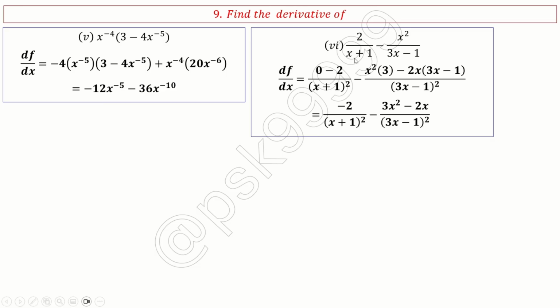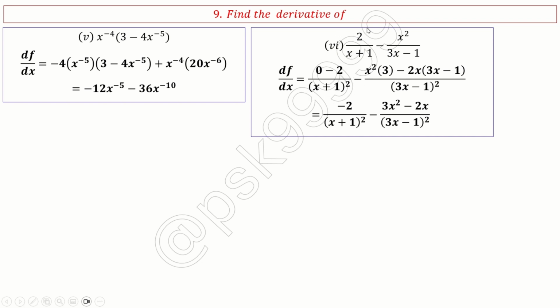Next is 2 by x plus 1 minus x square by 3x minus 1. You can apply f of x by g of x for each term. First term is here, second term is here. Let's do it. First term is differentiation of 2, which is 0, so 0 minus. Second one is 2 into differentiation of x plus 1, which is 1, so minus 2 divided by x plus 1 whole square.